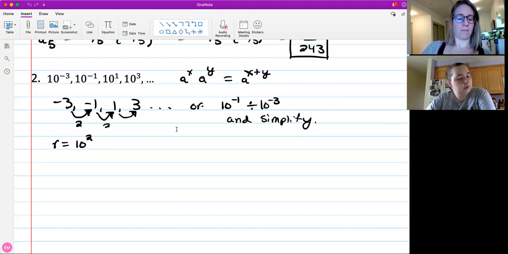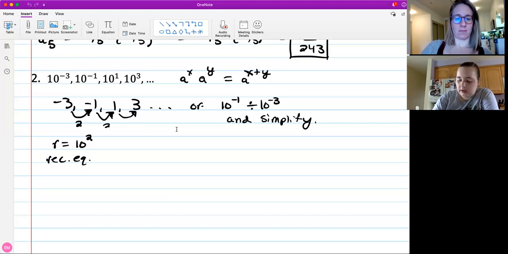Cool. All right, so again, let's write the recursive equation. Our recursive equation for this one is going to be a_n equals the previous term, which is denoted a_(n-1), times our common ratio, which is 10 squared. Nothing too fancy.